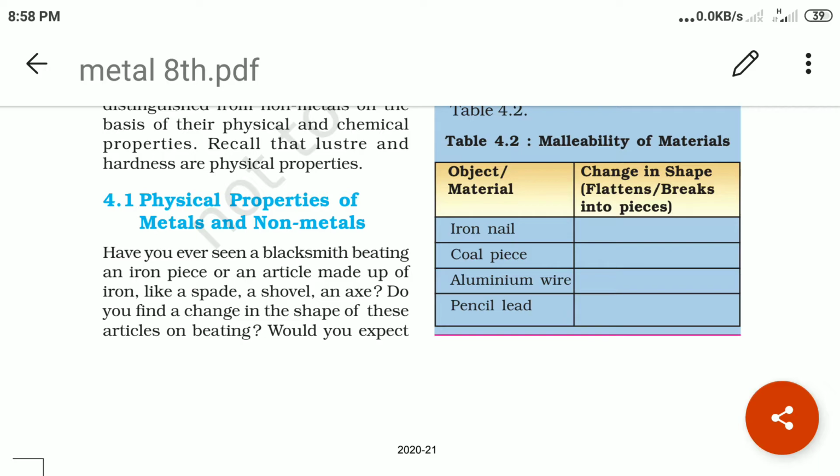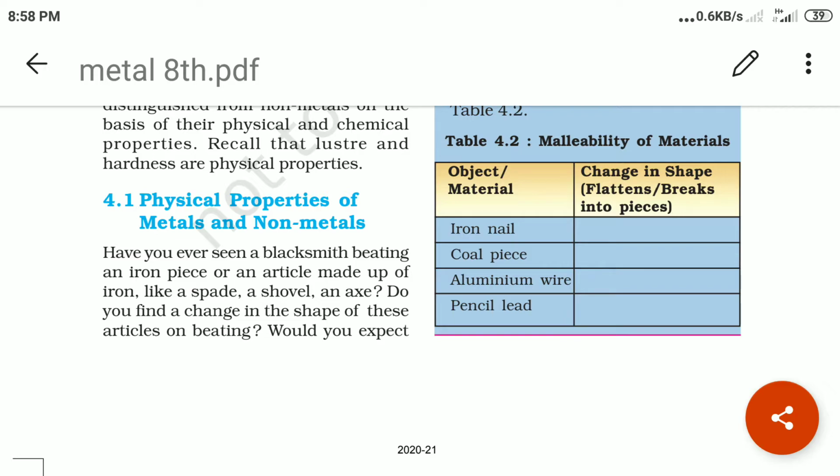Have you ever seen a blacksmith beating an iron piece or an article made of iron, like a spade, a shovel, an axe? We know that. Do you find a change in the shape of that article after the beating?